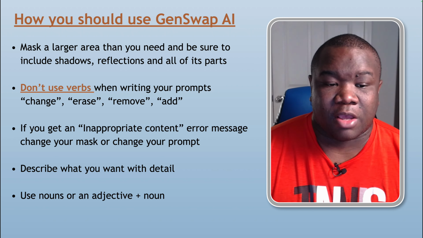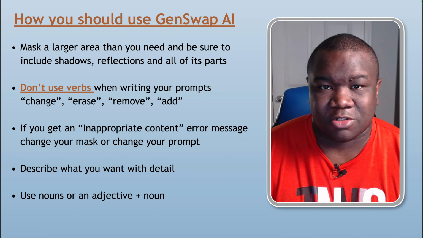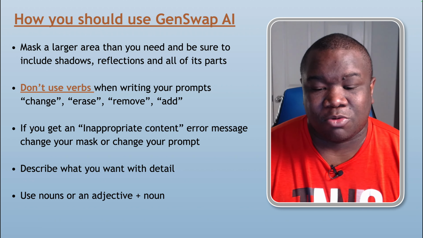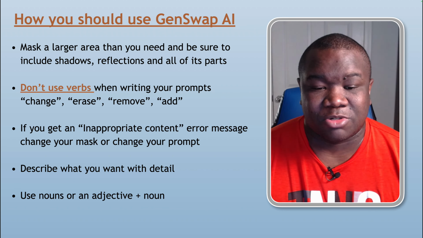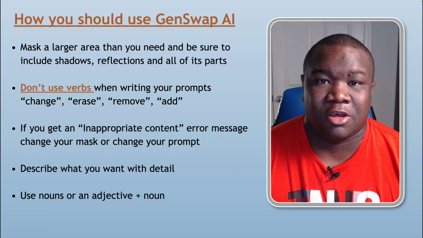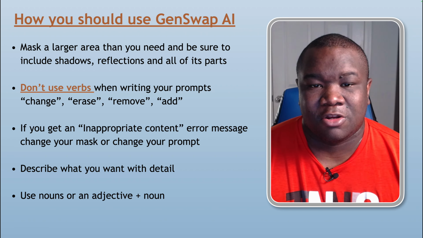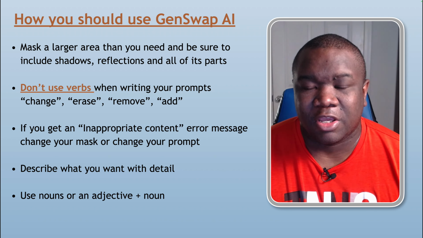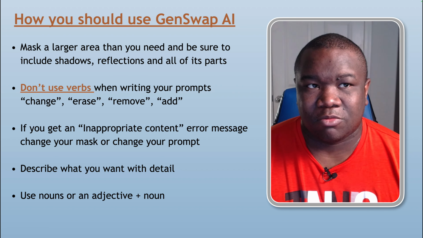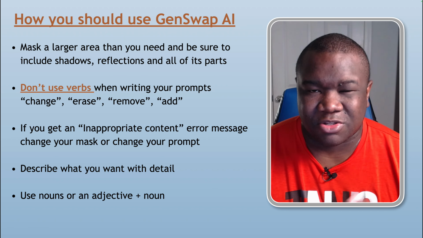And then describe what you want with detail. This is important because if you just put grass, it's going to go and find whatever it thinks is grass, and then it's going to give you that, and that's what you're going to have in your image. But if you put tall grass with yellow highlights and dark green shadows, something like that, it will go and find images or create some images that make sense for that.